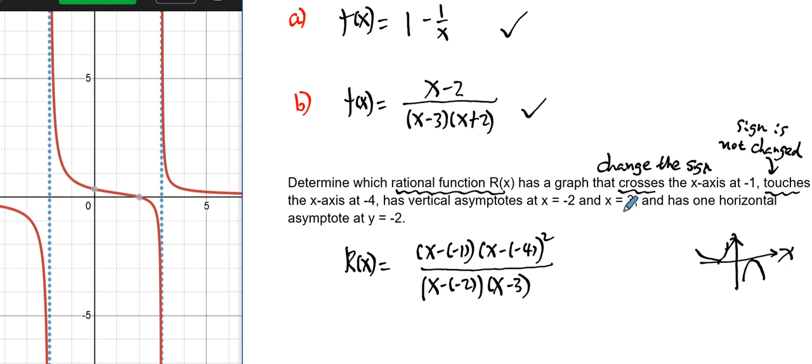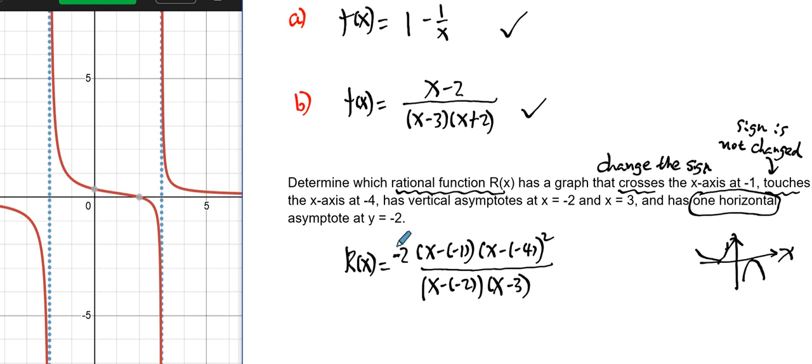Alright? Okay. Now, here is what? Here the one horizontal asymptote. The horizontal asymptote really is the leading coefficient of -2. So then you may put -2 in front of it.